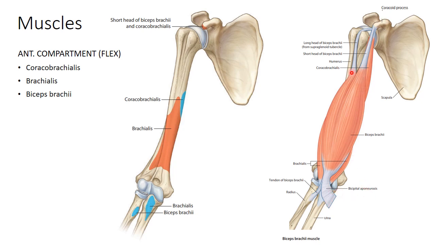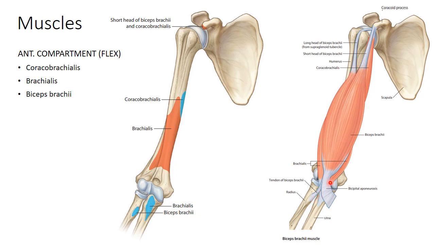The main action of the biceps brachii is that it is the most powerful flexor muscle of the elbow joint, as well as the most powerful supinator of the proximal radioulnar joint, especially when the elbow joint is flexed. What does this mean? In the anatomical position the forearm is extended and the forearm is also supinated.